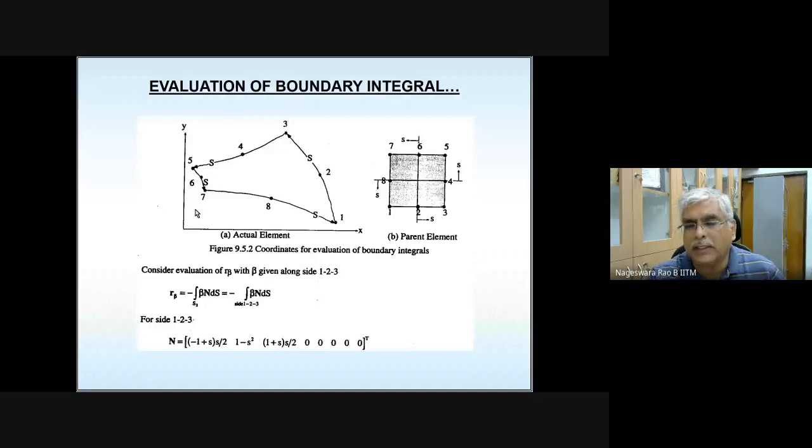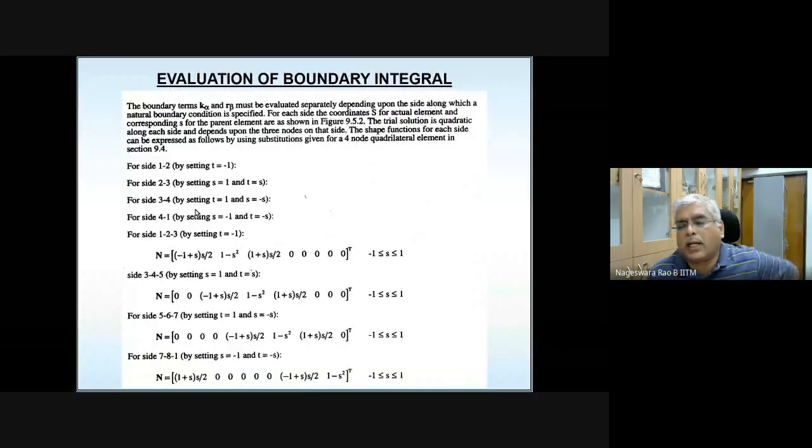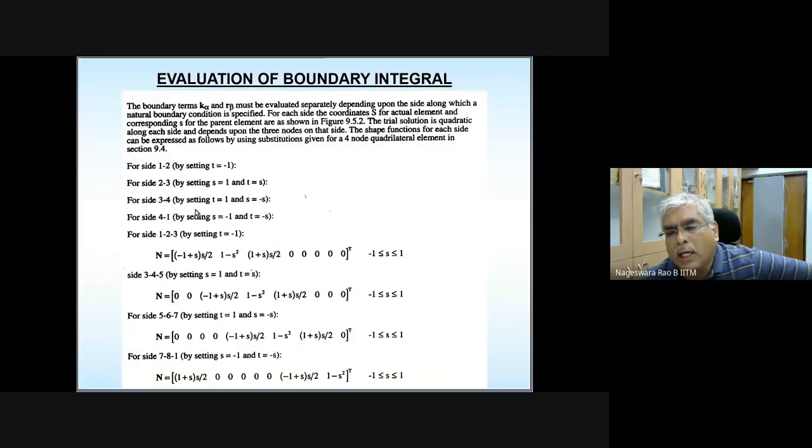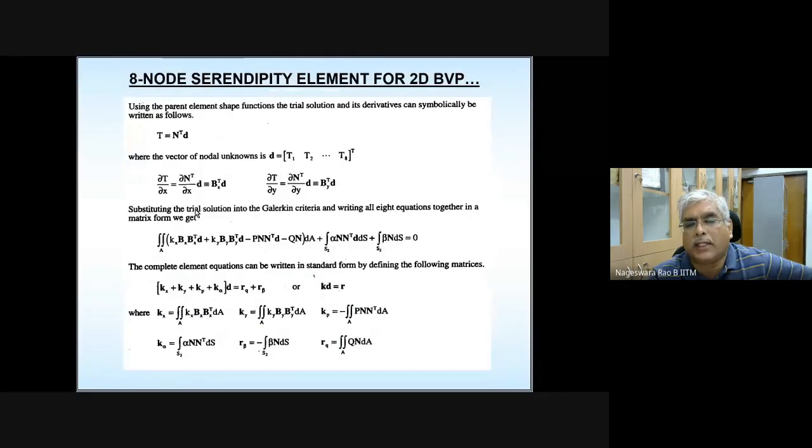So this completes all the Lagrange elements as well as serendipity elements. Please note that what is explained here is how to evaluate these area integrals and boundary integrals, and for a general two-dimensional boundary value problem, how to get the element equations.